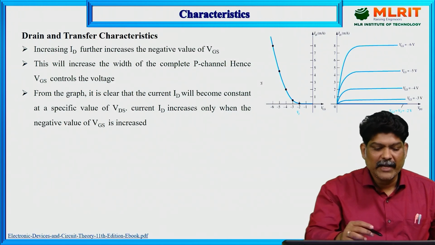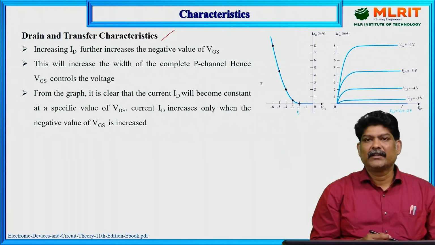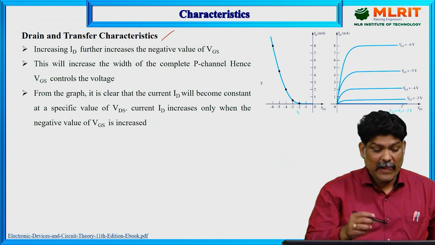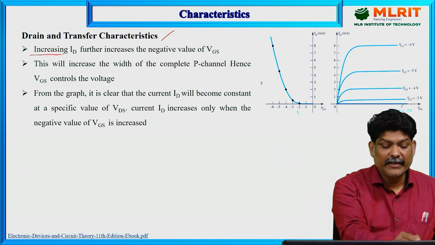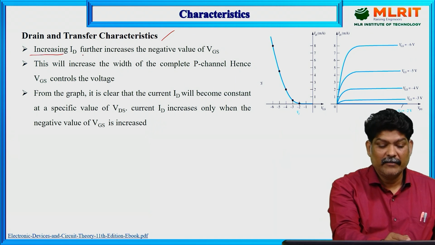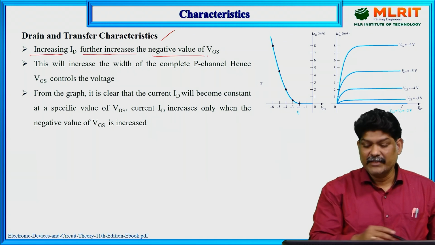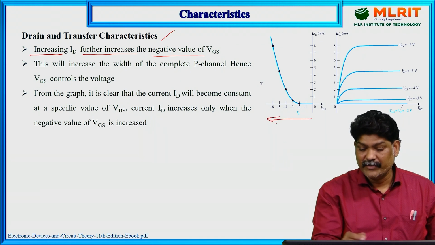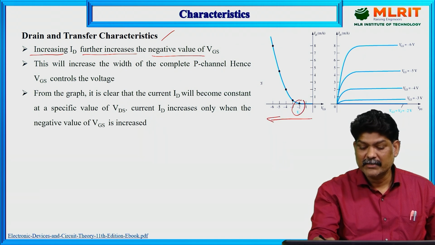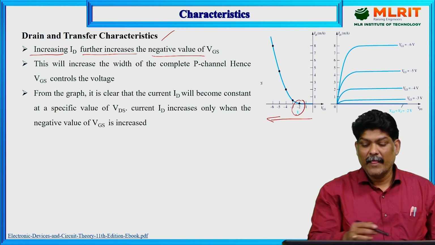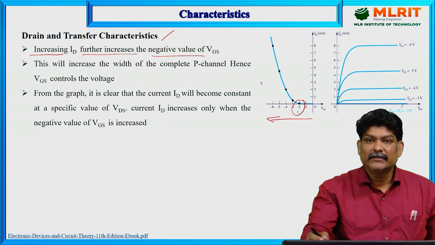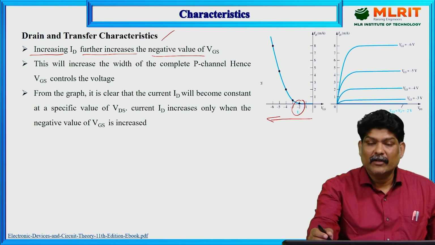Now coming to the characteristics of this P channel enhancement mode MOSFET. If you further increase the negative value of VGS from the threshold voltage VT, ID also increases.